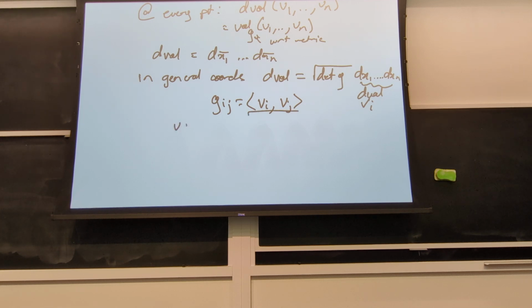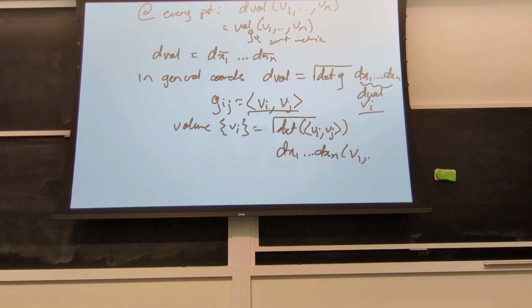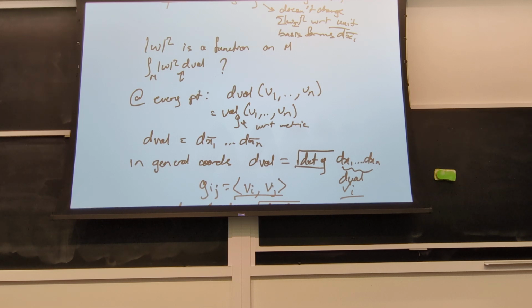You can show that the volume spanned by these v_i's is equal to the square root of the determinant of this. So this basis being dual to the v_i's means that if you do dx_1 through dx_n of v_1 through v_n, this gives you 1, and so the scale factor tells you that you're going to actually get the volume of these. So this is how you define a volume form, and we're going to want to minimize this.